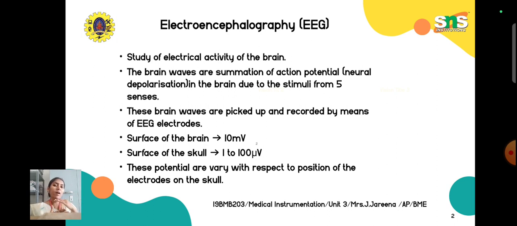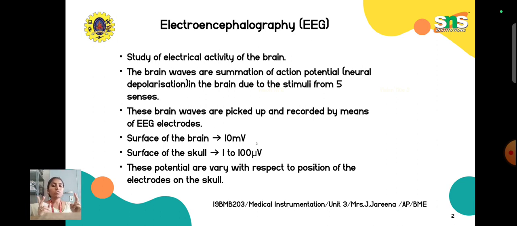The reason is that you have a skull and skin on top of it, and so many artifacts will be there. Only after crossing these many stages do you have a chance to capture the signal. So you get very low quality at the other end, and the brain wave activity is 1 to 100 microvolt. This is the variation based on the placement of the electrodes.